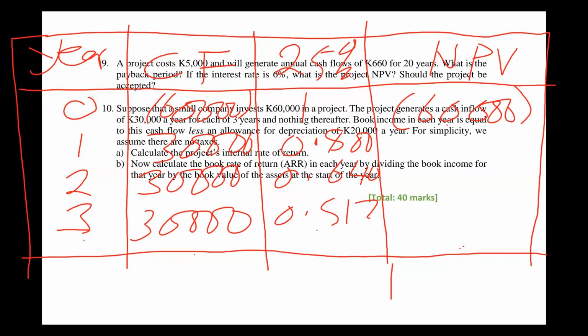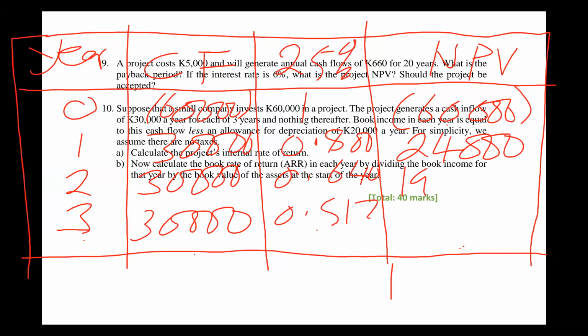This one will give us 24,000. What about the second one? 19,200.